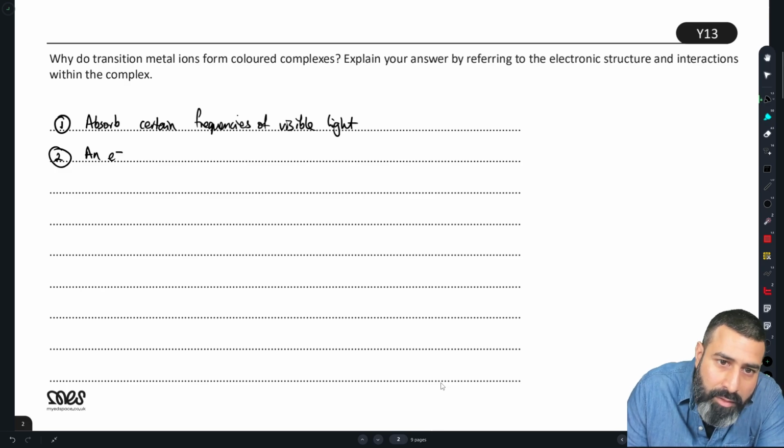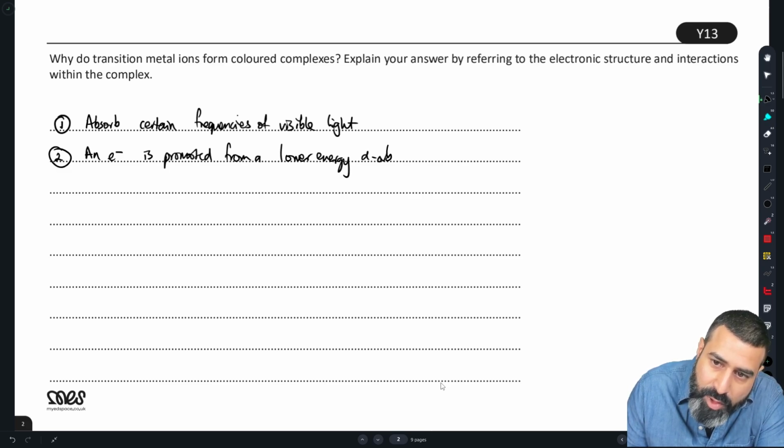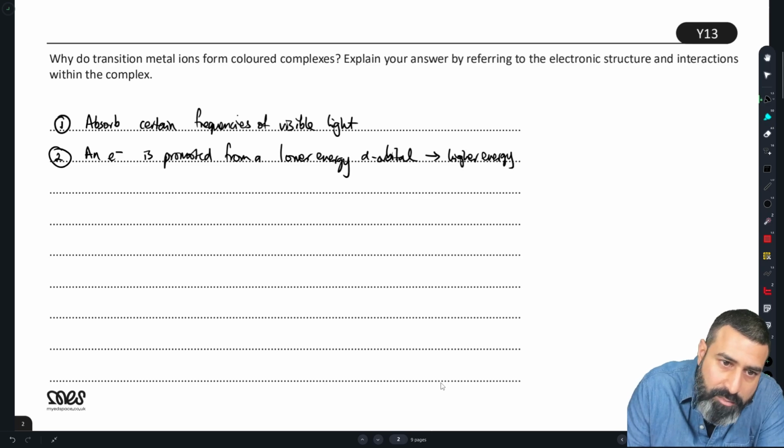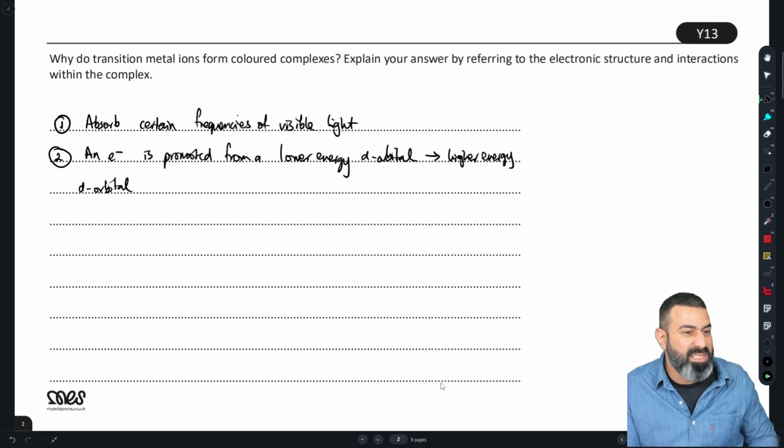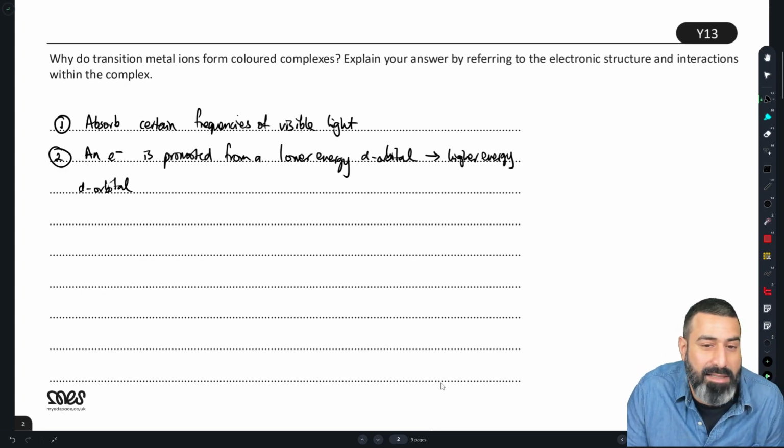An electron is promoted from a lower energy d orbital to a higher energy d orbital. You could just say a d-d transition and it gets excited or promoted.